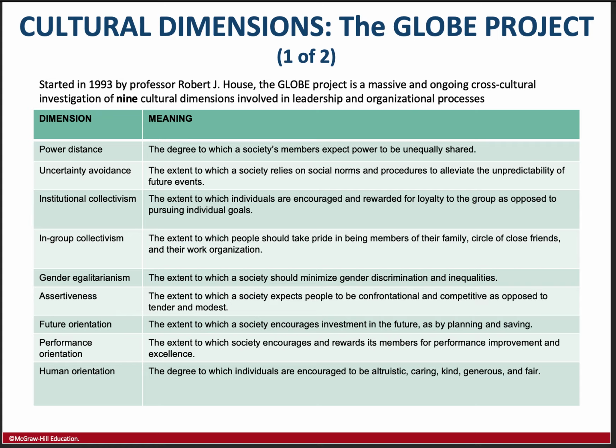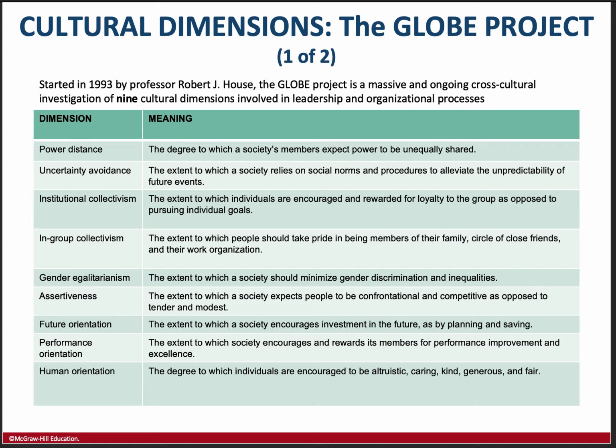It extends Geert Hofstede's theory, and it results from about 30 years ago, where you can read about that further in the textbook. It's evolved as a network of more than 150 scholars from 62 different societies. And most of the researchers are native to the cultures that were being studied.